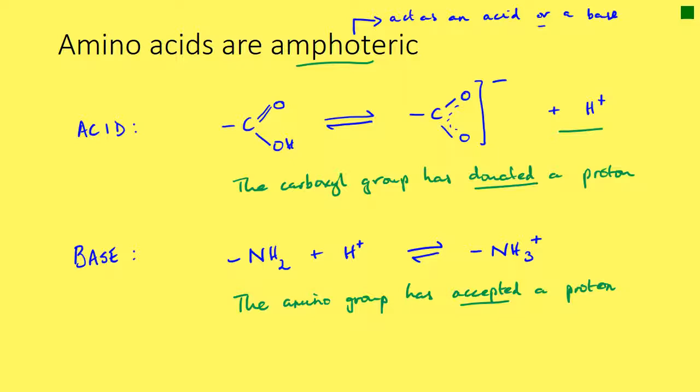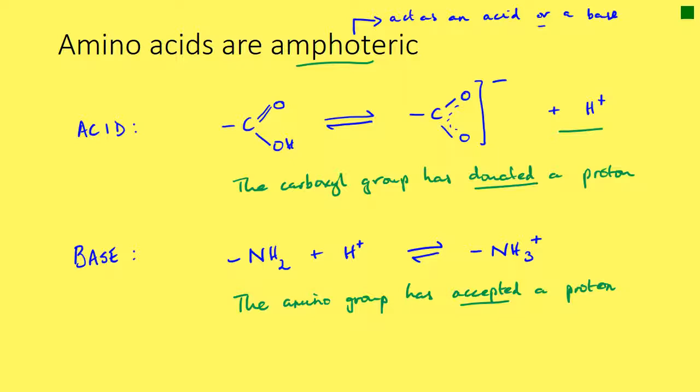And of course it can act as a base as well. So when it acts as a base, it is the other functional group that acts as a base. The amino group that is attached to the central carbon atom accepts a proton or a hydrogen ion. And in the same way, that's an equilibrium reaction.